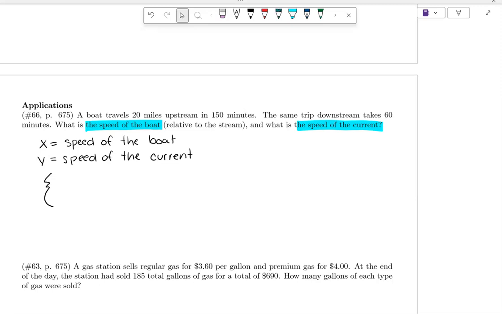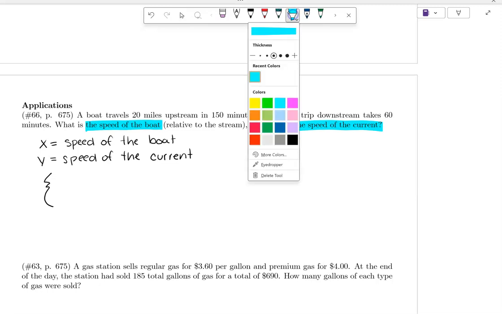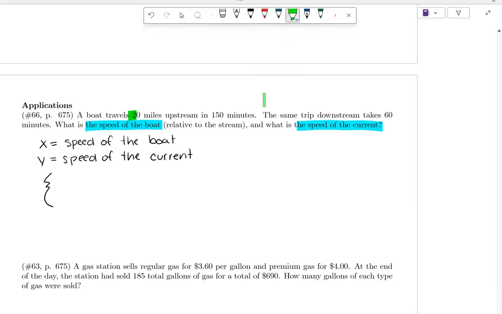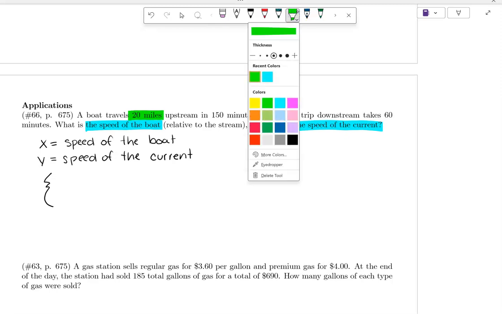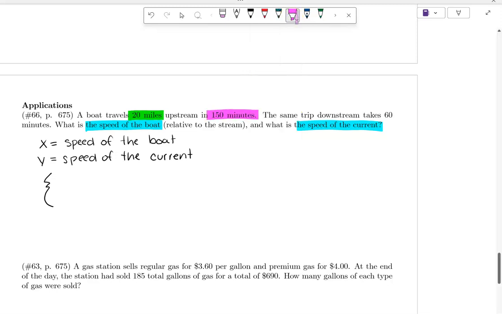So we are given that we're going 20 miles upstream, and this says the same trip downstream. So we're going to assume we're going 20 miles this way, and then 20 miles back. And then we also know that it's taken 150 minutes upstream, and then 60 minutes downstream.